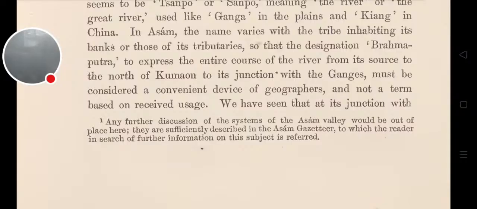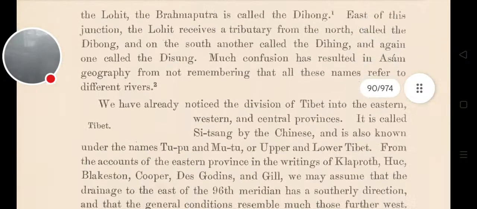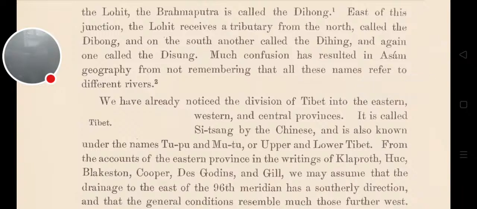We have seen that at its junction with the Lohit, the Brahmaputra is called the Dihong. East of this junction, the Lohit receives a tributary from the north called the Dibong, and on the south, another called the Dihing, and again one called the Disung. Much confusion has resulted in Assam geography from not remembering that all these names refer to different rivers.